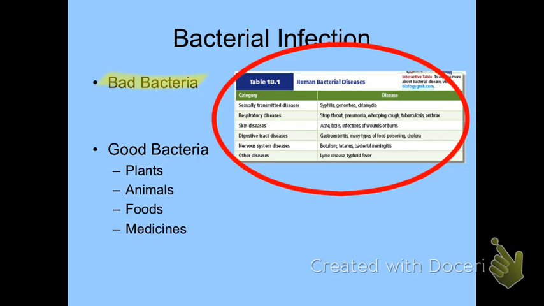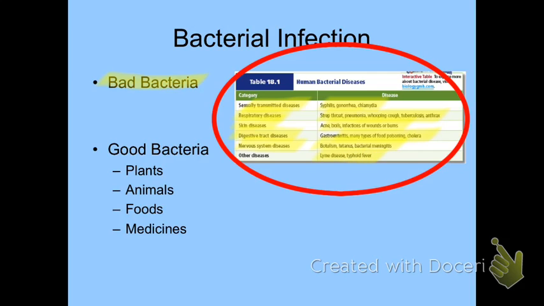So we have STDs, which are now called STIs, syphilis, gonorrhea, chlamydia, respiratory diseases, strep throat, pneumonia, tuberculosis, anthrax, bronchitis, skin diseases like acne, infections of wounds or burns, digestive tract diseases, any kinds of food poisoning, nervous system diseases, botulism, tetanus, meningitis, and then other diseases like Lyme disease and typhoid fever.